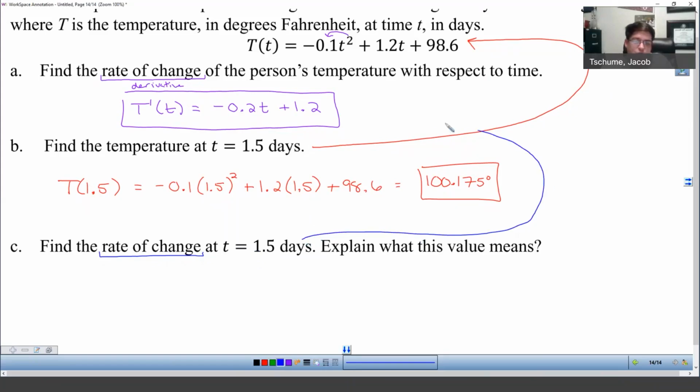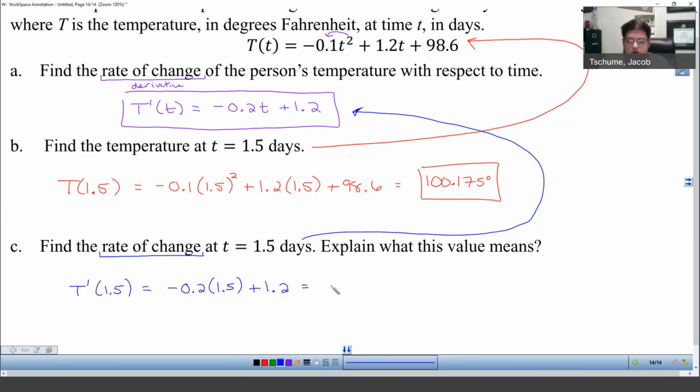So I'm going to take this 1.5 and plug it into the derivative that I found in part A. So we're going to take T prime and plug 1.5 into that. So this is -0.2 times 1.5 plus 1.2. Let me type up my calculator really quick.